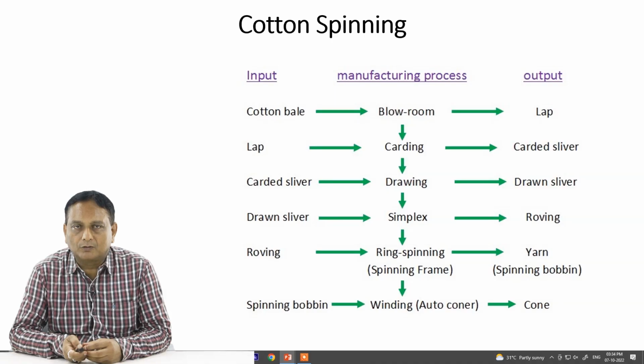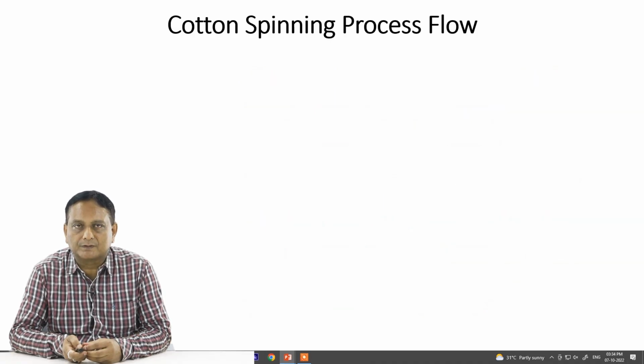From that roving, the manufacturing process is ring spinning, and yarn is produced out of it. And the spinning bobbin, ultimately after winding, goes into the cone. So this is an overview of the cotton spinning operations.